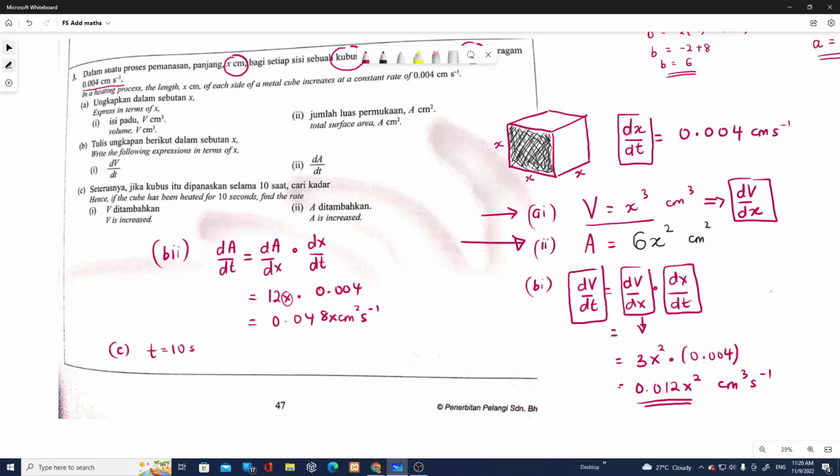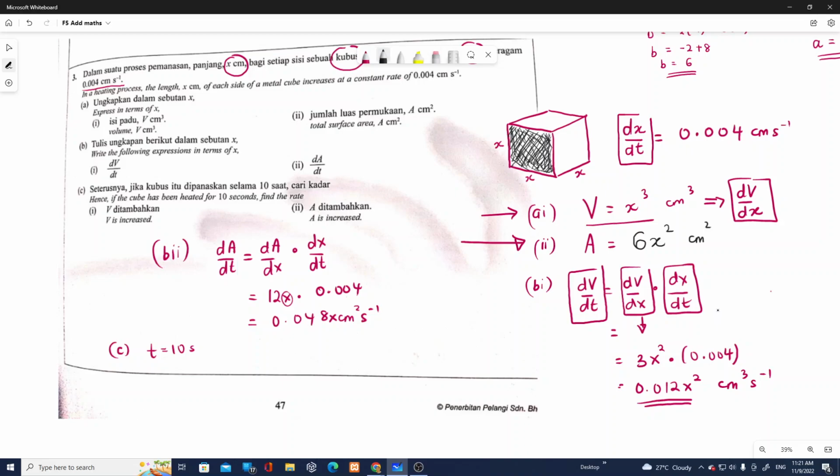We already find dV over dt, which is 0.012x squared. Very simple. Do we divide by 10? Not divide, you times 10 only. Understand?